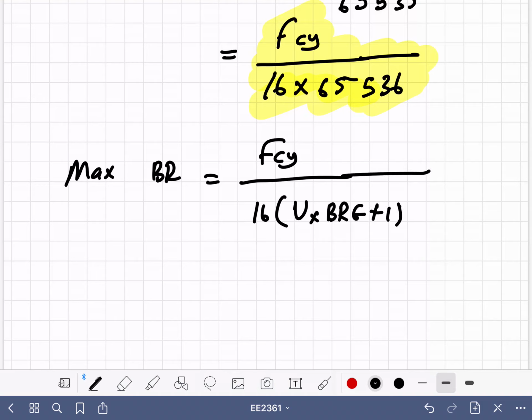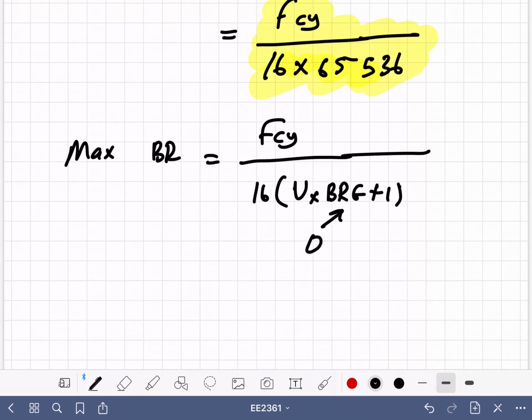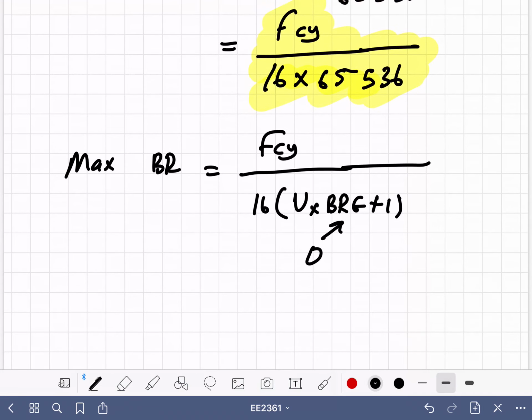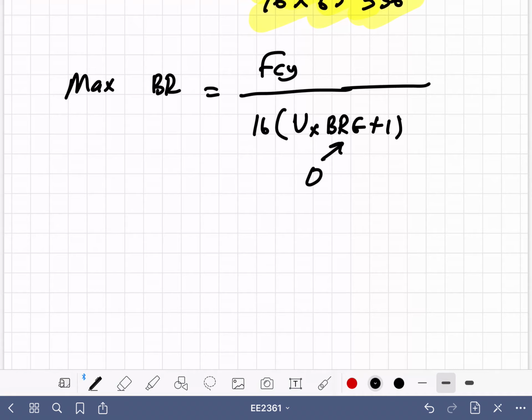The minimum you can have here is obviously 0, right? To make the baud rate maximum, you have to have the smallest denominator, and the smallest UxBRG value is going to be 0, obviously. So from there the formula becomes FCY over 16 times (0 plus 1), which is 1, so it's going to be this. This is the maximum baud rate you can have.